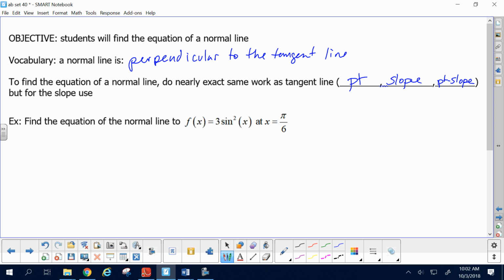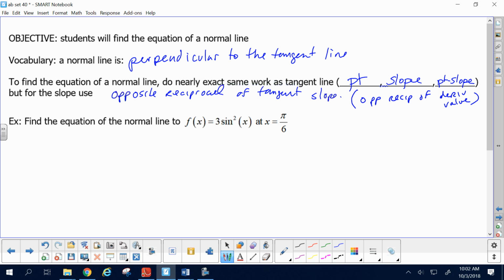The only difference is for the slope you use the opposite reciprocal of the tangent slope to get the perpendicular, which would be then the opposite reciprocal of the derivative. That's where we get the tangent slope, yeah? So let's do it for practice.